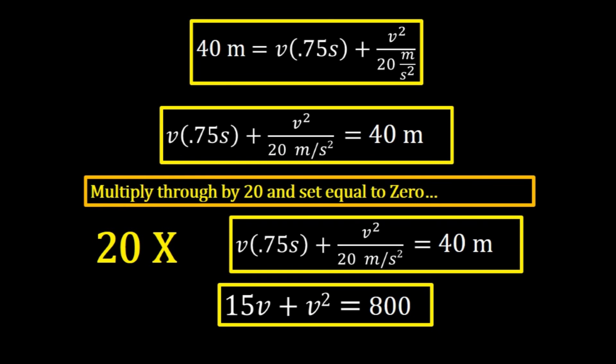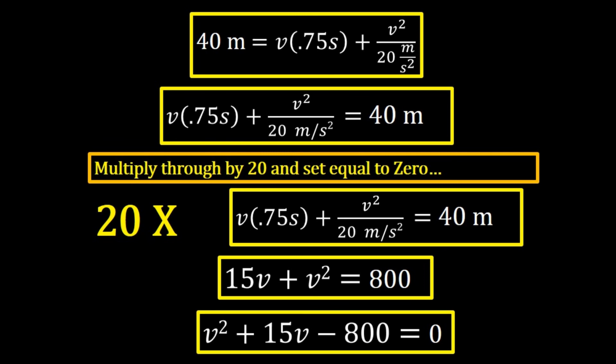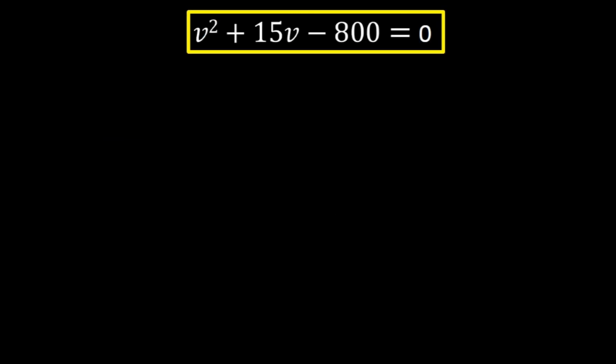Now you can see what's shaping up here, and that is a quadratic equation. So it'll be v squared plus 15v minus 800 equals 0, and then essentially plug into the quadratic formula.